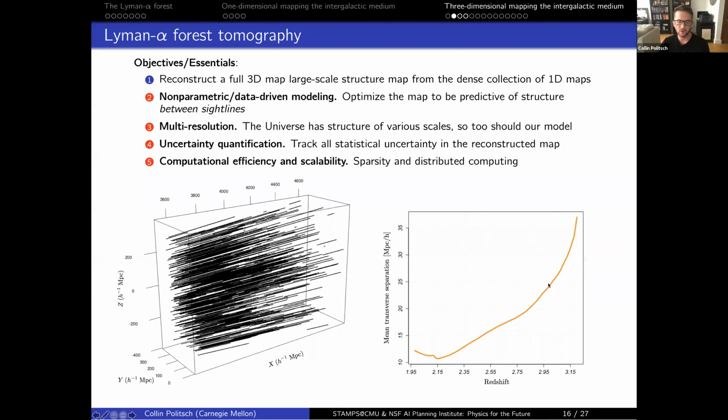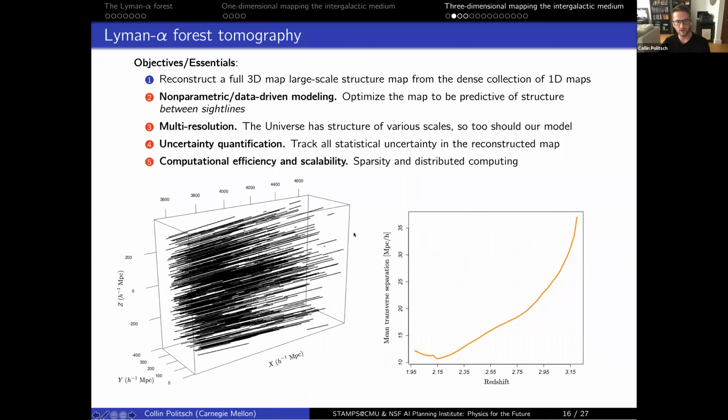Okay, on the right here, I'm showing you the mean transverse line of sight separation. This is something that's important up front to realize, is that somewhere over here is us a long way away. And then these one-dimensional maps of the universe are gradually getting farther apart purely due to the spherical nature.